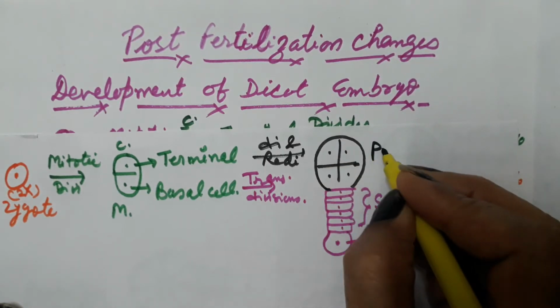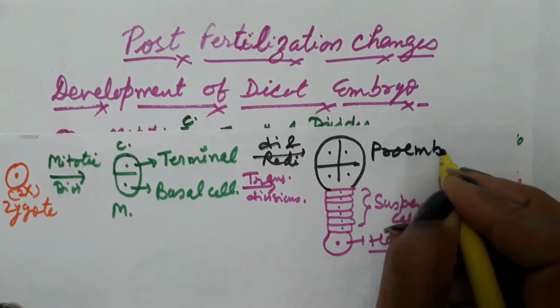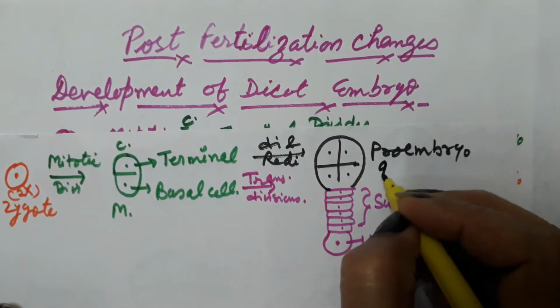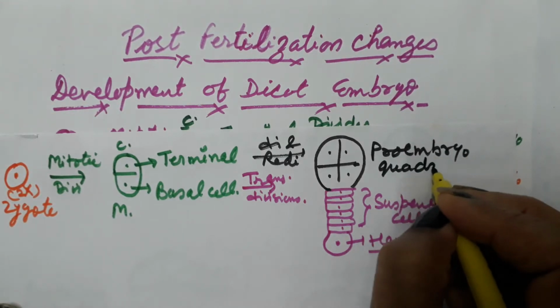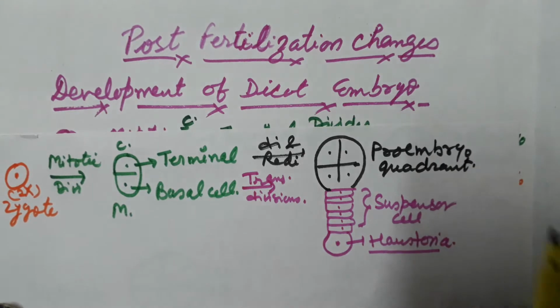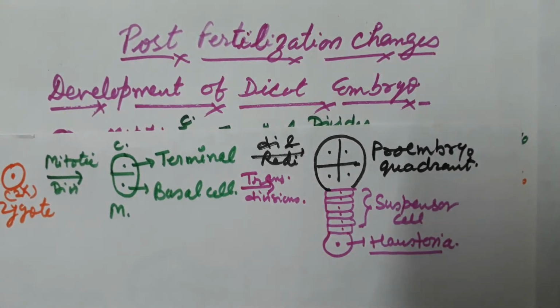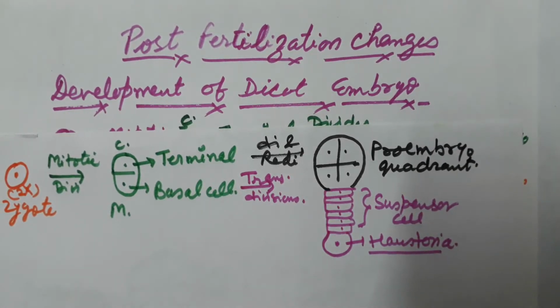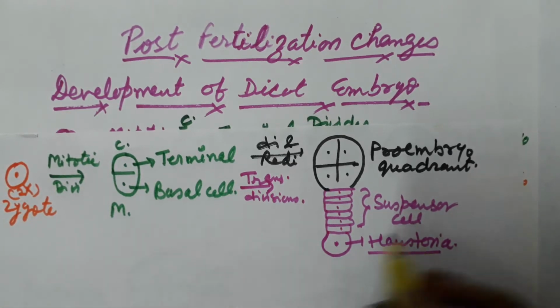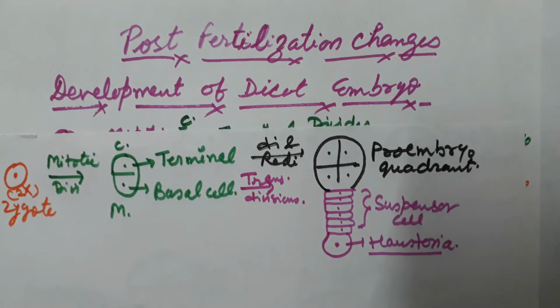We call it the proembryo quadrant because of the presence of four cells. Now division takes place in the proembryo quadrant and it is converted into an octant. Eight cells are produced.